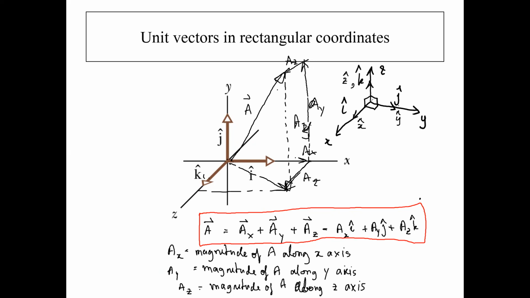Because Ax always points along the x-axis, its magnitude is how many times the one unit vector along the x-axis. So Ax can be written as Ax i. Now this Ax is a magnitude.